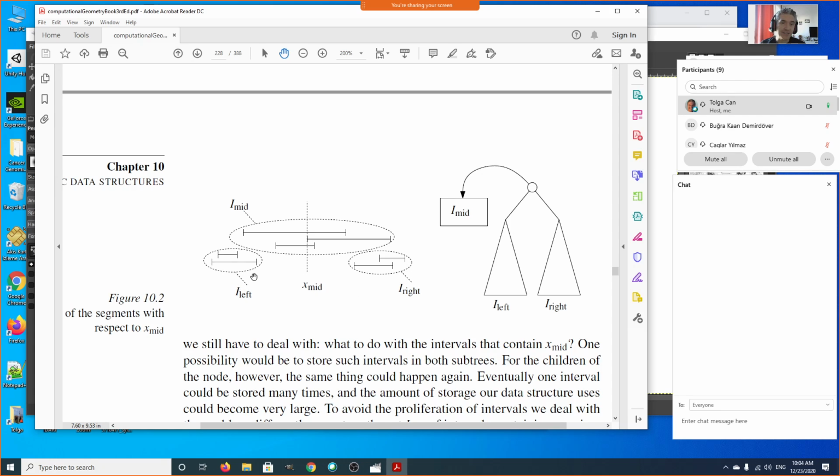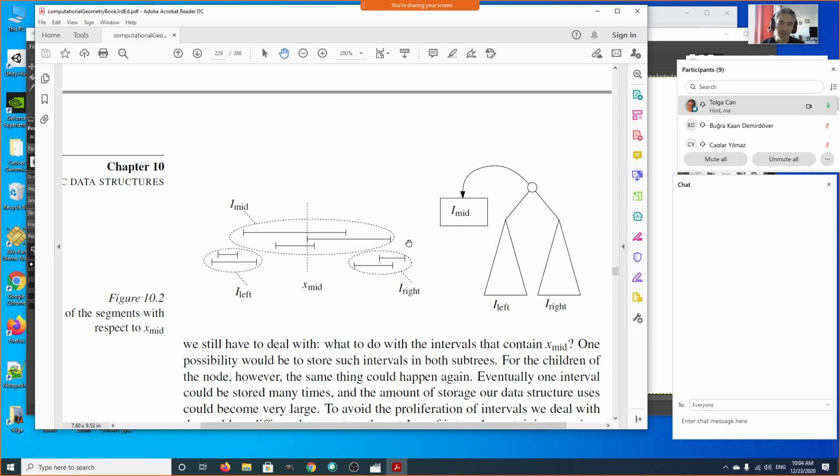I left is the set of intervals which are strictly to the left of some x coordinate. This x mid is going to be our key value that we store in this intermediate node, in this root node.